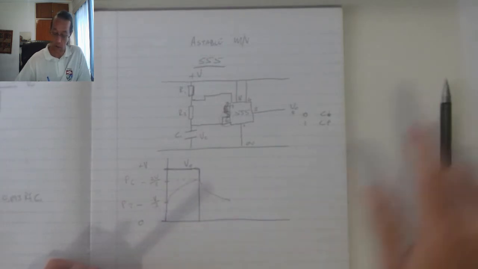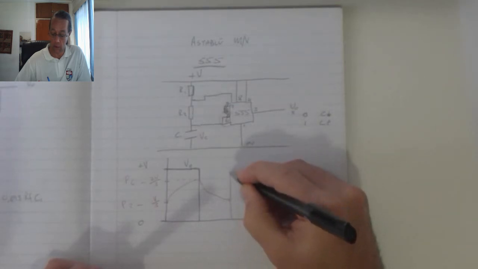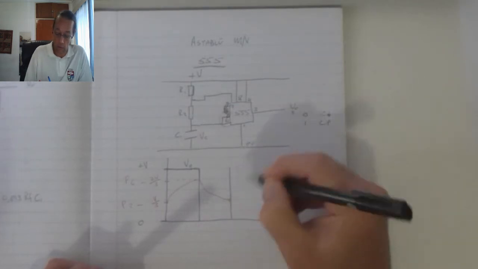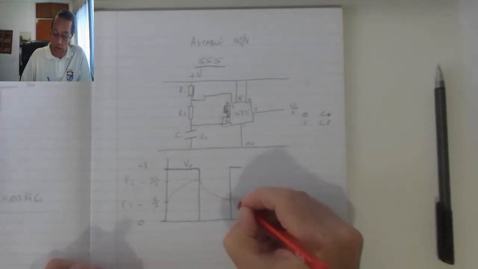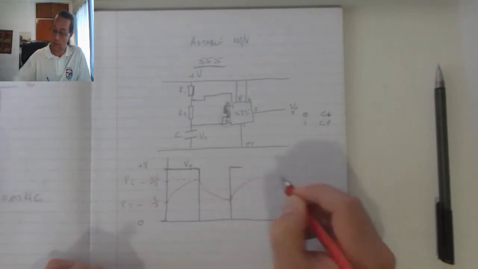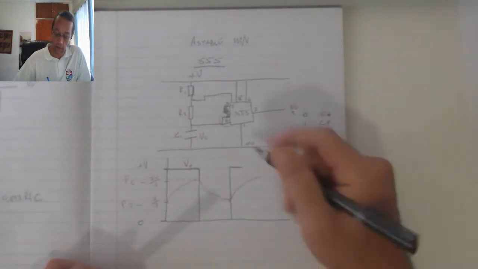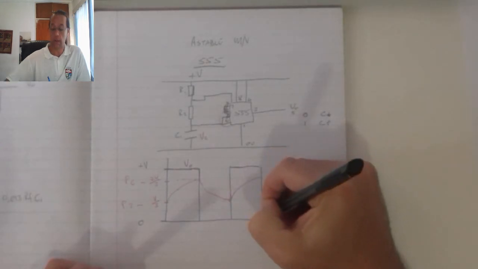Once that happens, it's going to switch the output of the 555 back on, and allow the capacitor to start charging again to 2/3 of the supply. Once it reaches 2/3, it's going to trigger the output off again, and the process is just going to repeat itself.